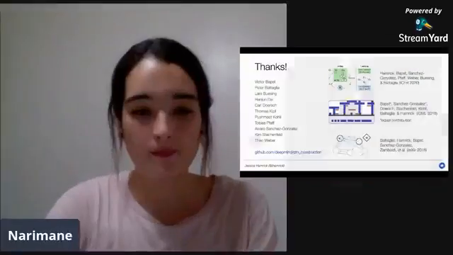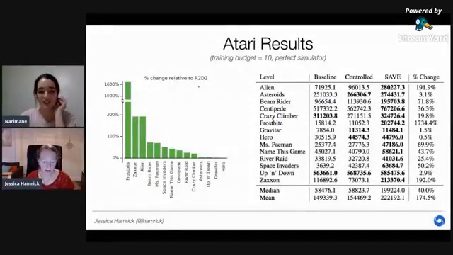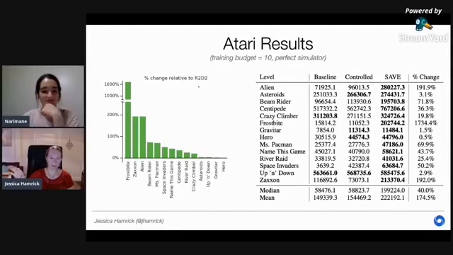Yeah, so actually that's exactly it. I didn't show the slide for very long, but let me show this again. So here are these results I was showing on Atari. I mentioned that this is just adding SAVE on top of the R2D2 agent, and the R2D2 agent is a very typical model-free agent.